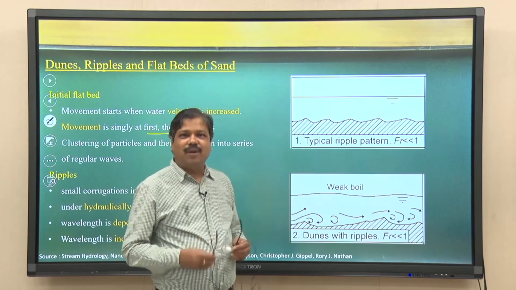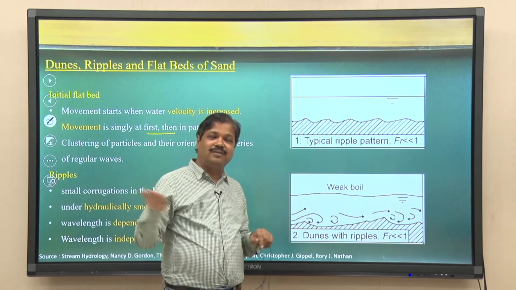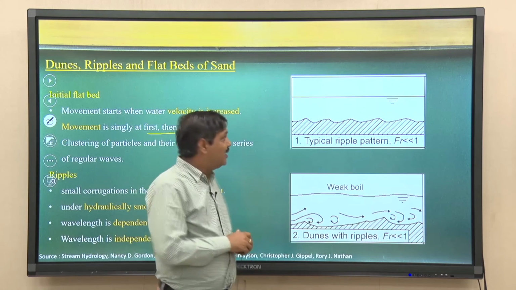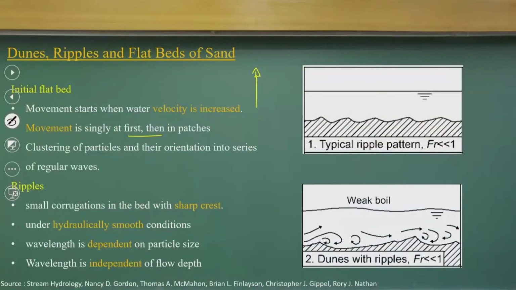Okay, let us discuss the bed forms. River beds are not flat beds. As we increase the discharge or change the slope, you can have two conditions: either we change the slope of the channel, or we change the discharge of the river channel, in a laboratory flume or in the field.